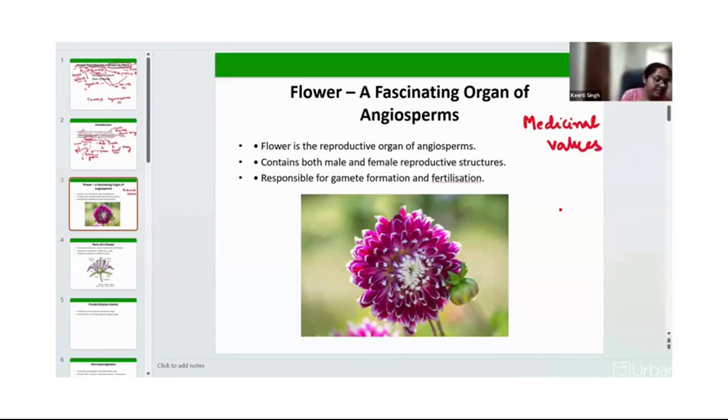So this chapter is concerned with flowering plants: how these flowering plants create a number of diversities, how different colorful flowers are formed, and what is responsible for this diversity.